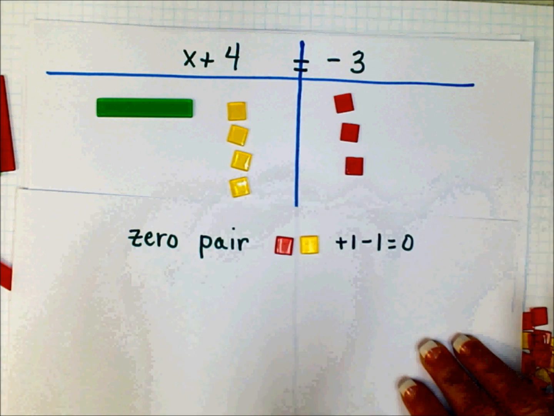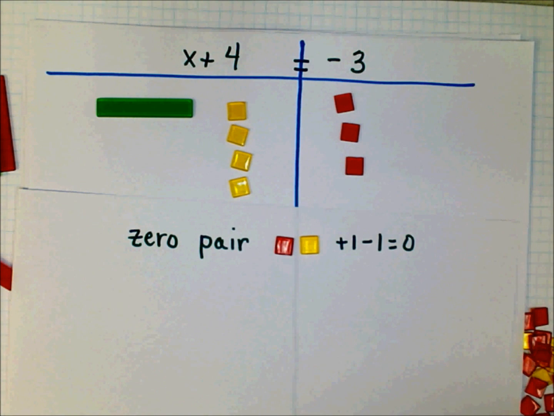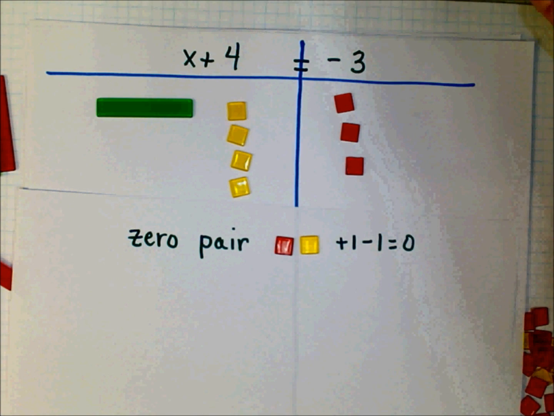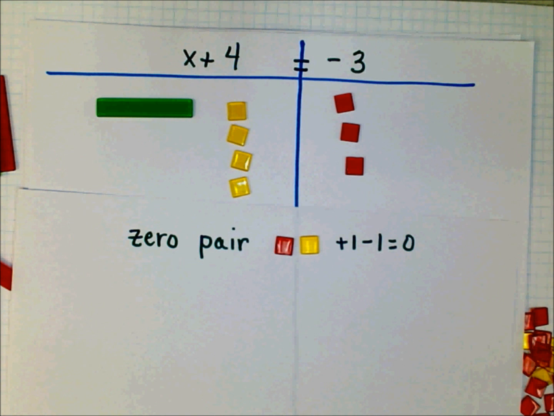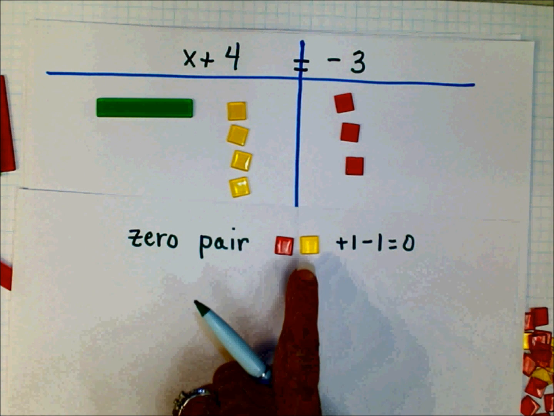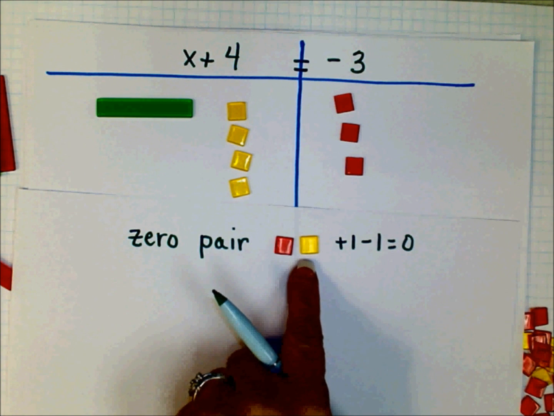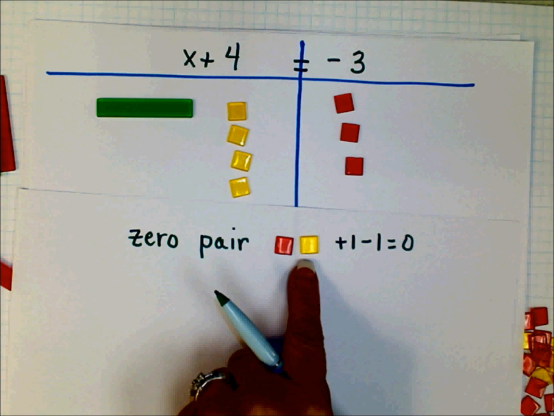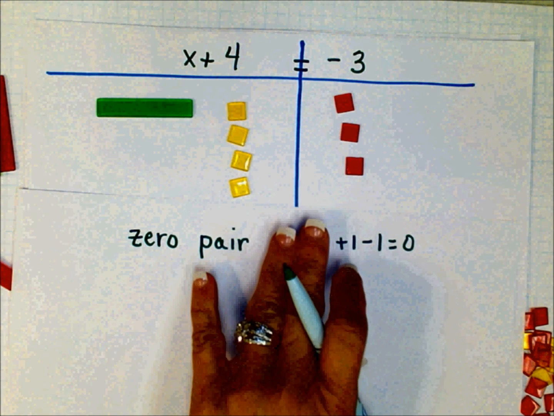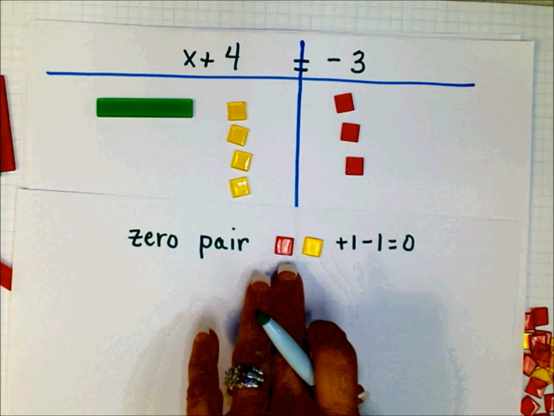Another way of thinking about that is I give someone 1, I take that away, they have nothing. So in order to solve an equation, we're going to be trying to identify zero pairs.